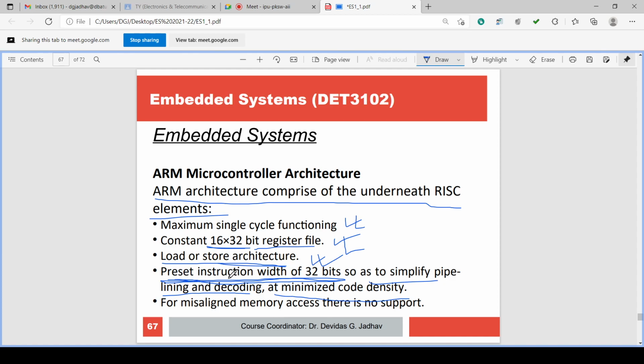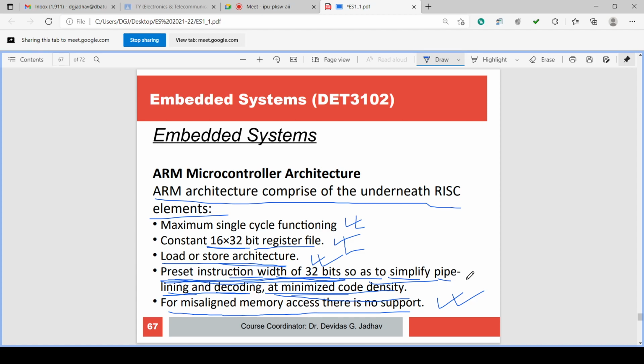A preset instruction width of 32 bit is there so as to simplify the pipelining and decoding at minimum code density. For misaligned memory access, there is no support.